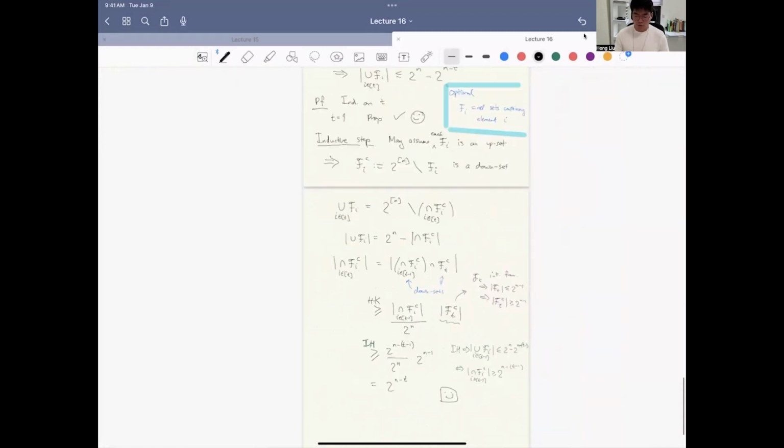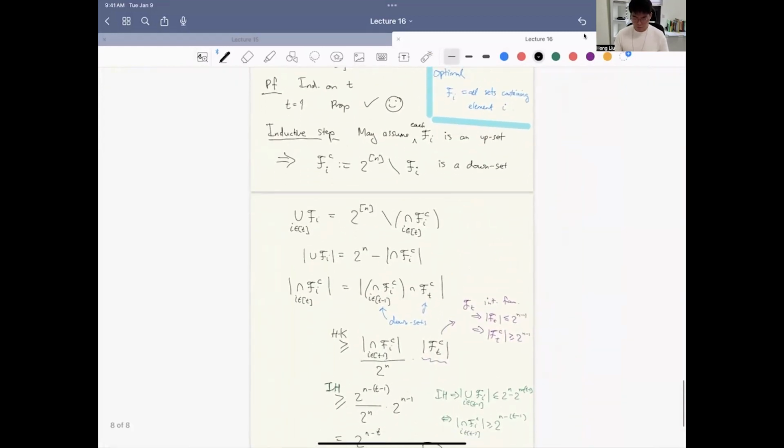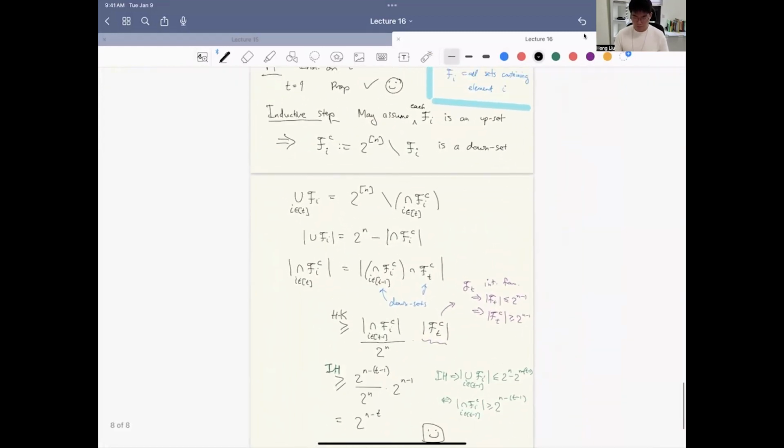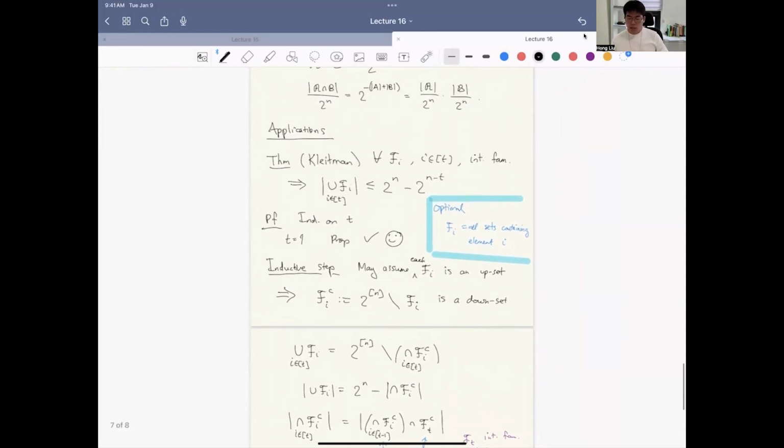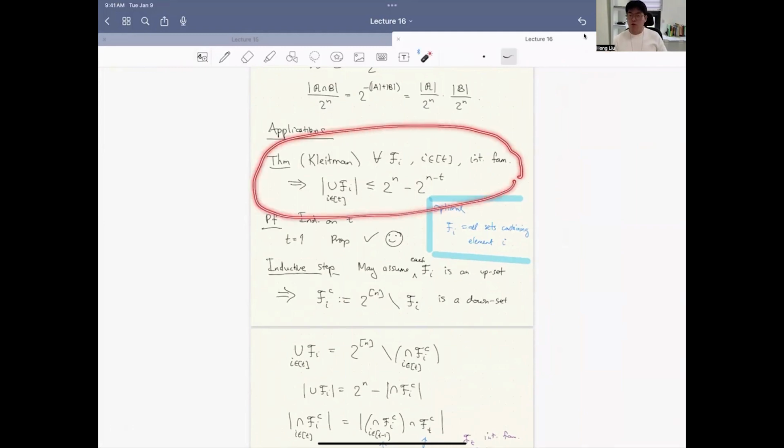Any question about the proof? It's quite a beautiful application because at first glance, this is some statement about different families of sets, each one of which is an intersecting family.